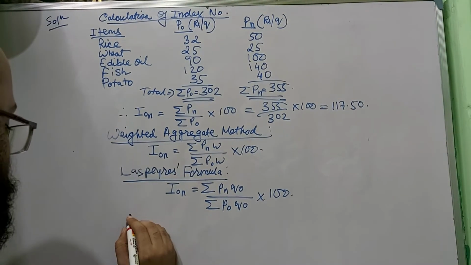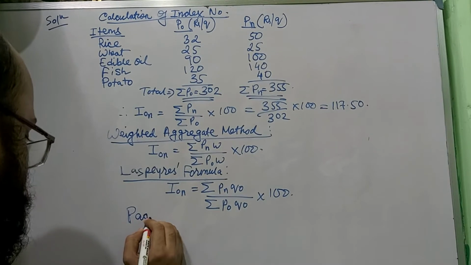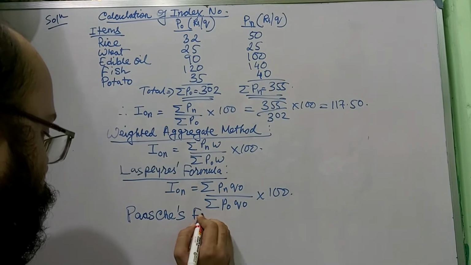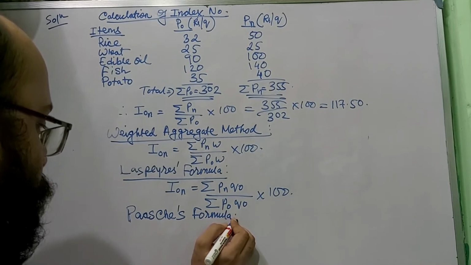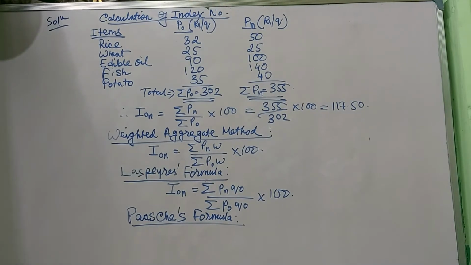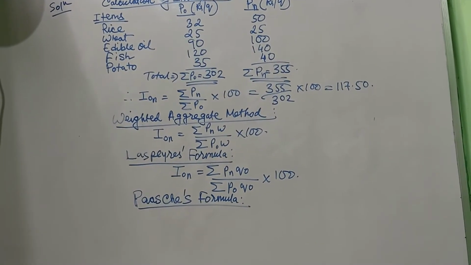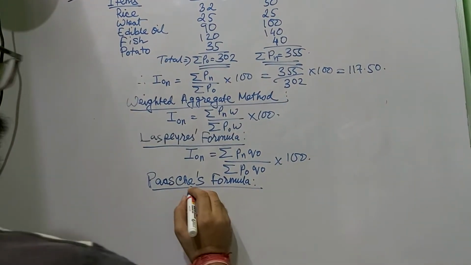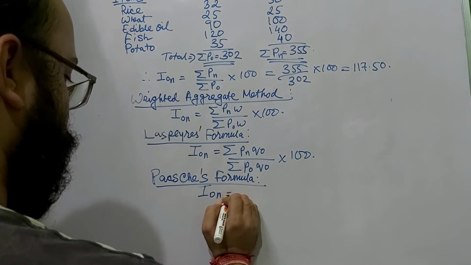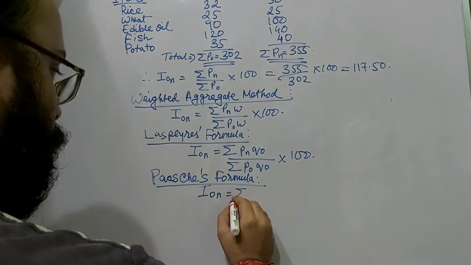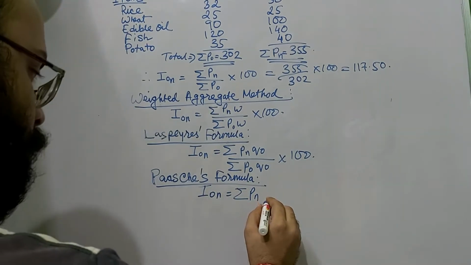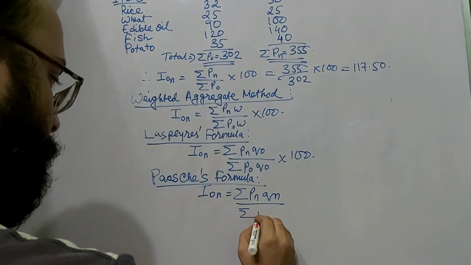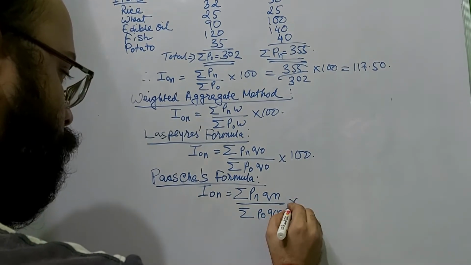Coming to Paasche's formula. I hope you are jotting down the formula part. Yes, Paasche's is I0n is equal to summation of PnQn by summation of P0Qn into 100.